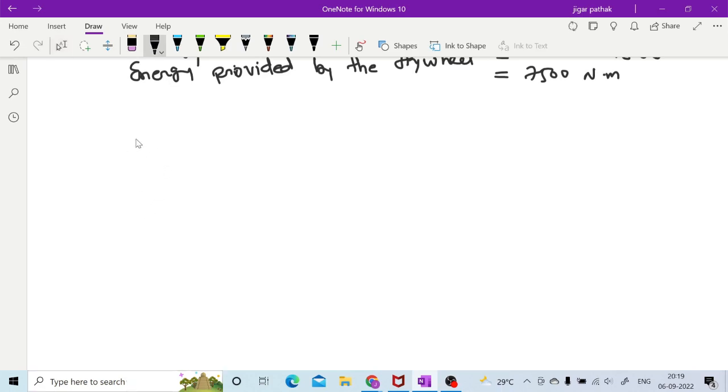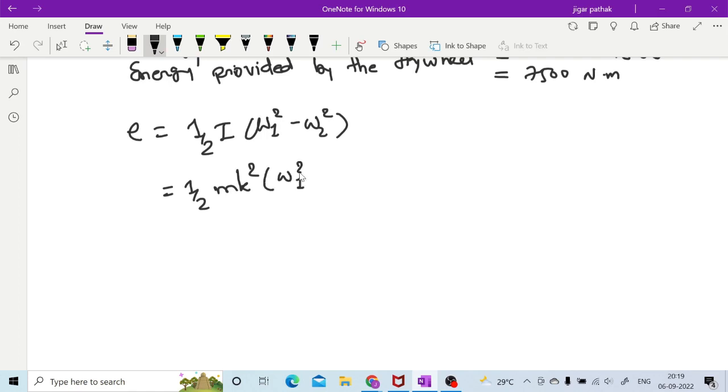Then you can go for our standard equation: E is equal to 1/2 I omega 1 square minus omega 2 square. Here I is equal to m k square. This is the basic equation. We are not going for I K omega square, in which omega is mean speed and K is the coefficient of fluctuation of speed.